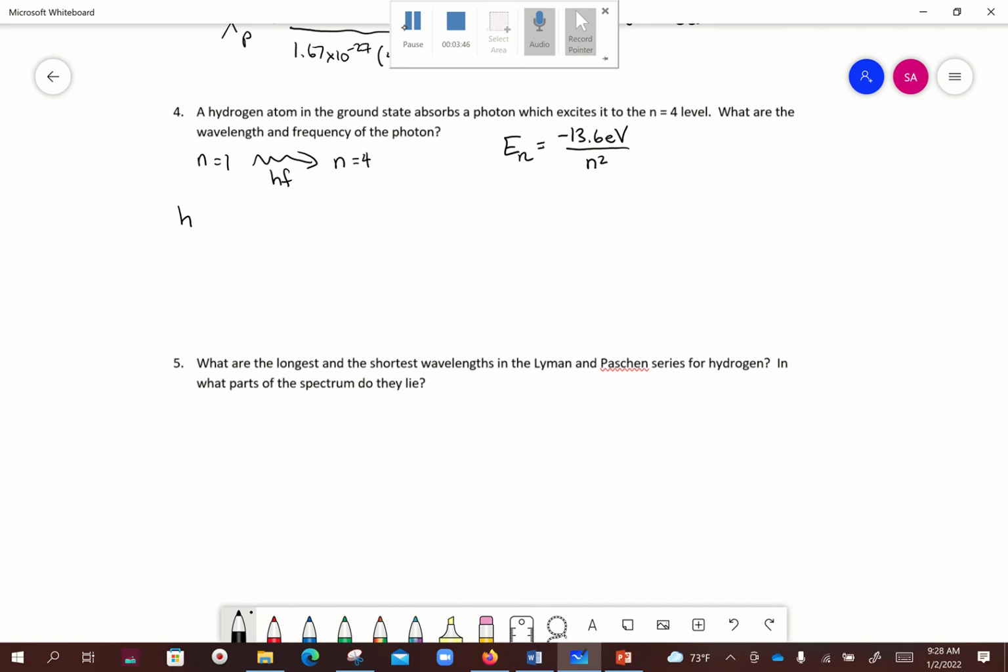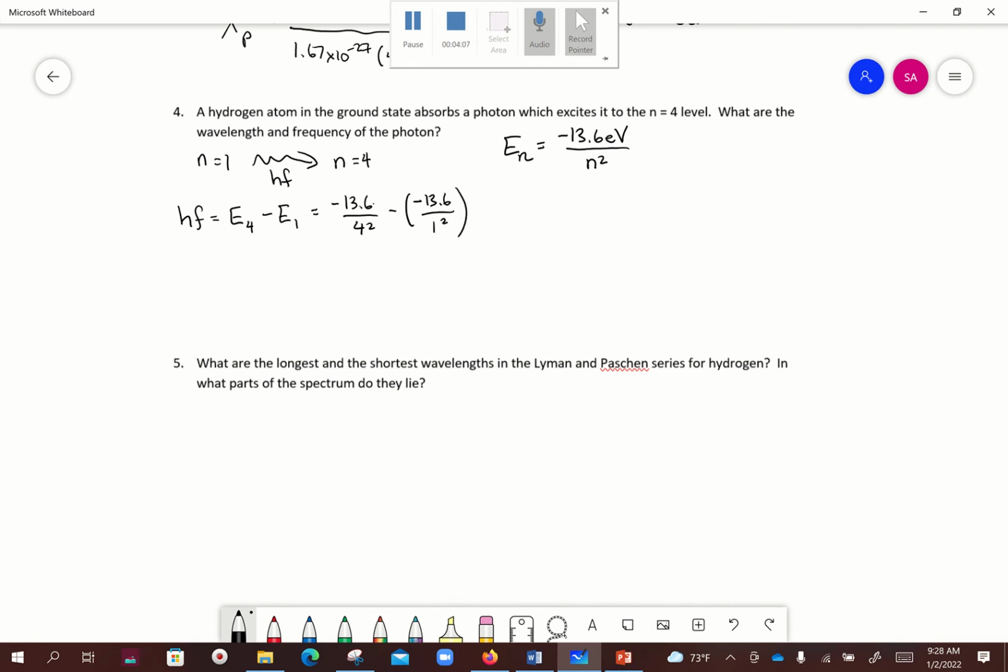So the energy of the light, hf, must be equal to the difference between the energy in the fourth state and the energy in the first state. So it's minus 13.6 over 4 squared minus negative 13.6 over 1 squared.